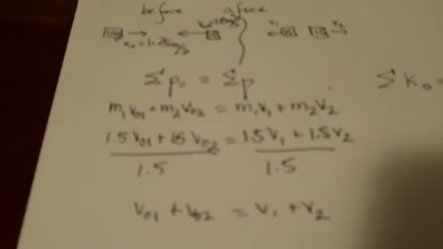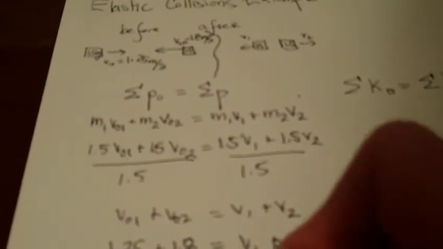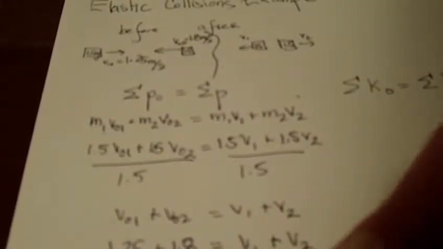Now I can just plug in the numbers that I have for v01 and v02. So I have 1.25 plus 1.8 equals v1 plus v2. Okay, so this is going to get 3.25 equals v1 plus v2.